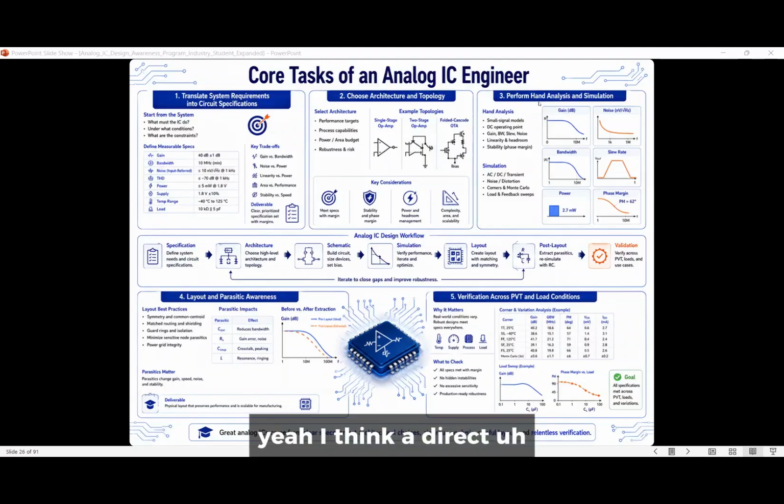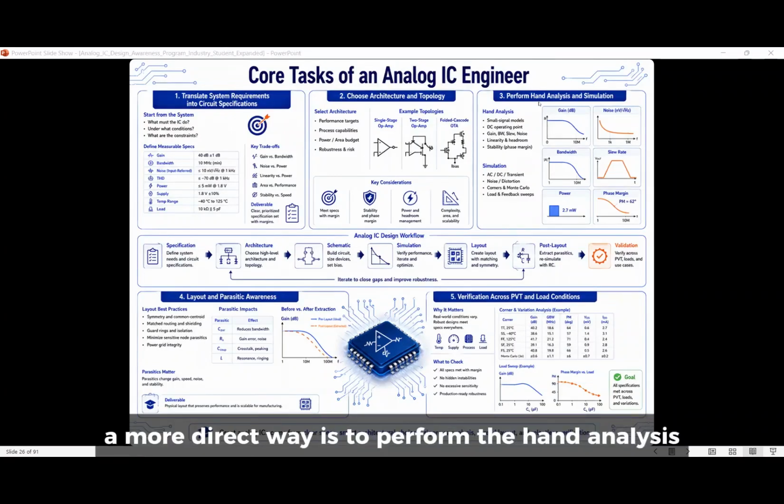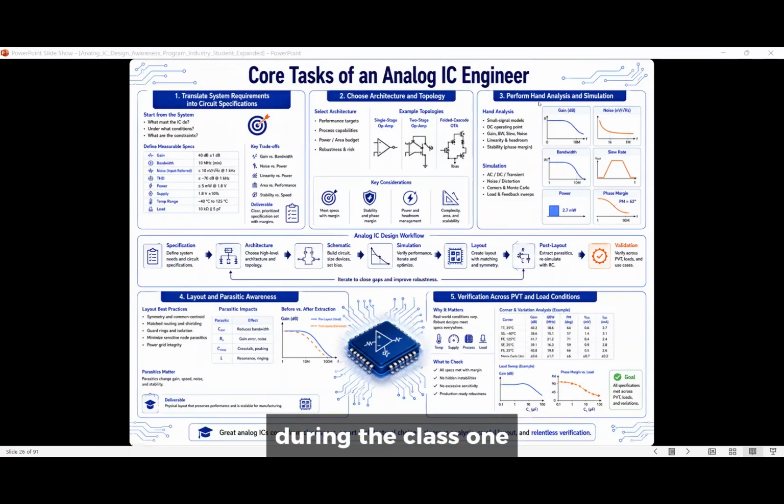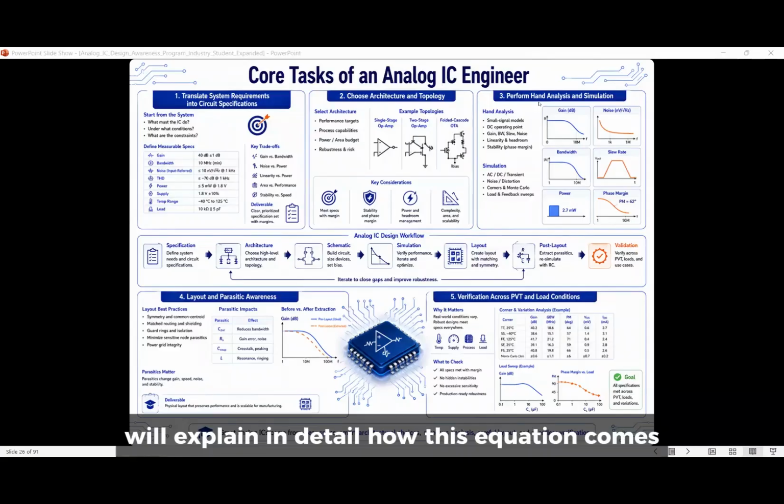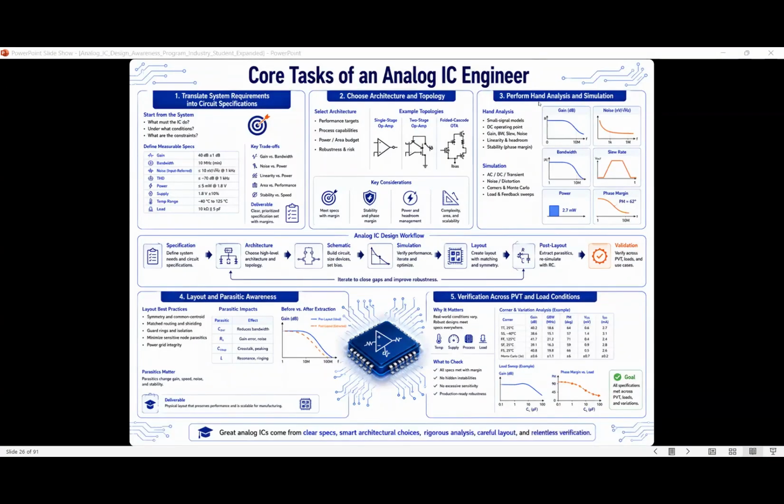A more direct way is to perform the hand analysis during the class in sequence, one by one. And I will explain in detail how this equation comes and why the equation is important, right?